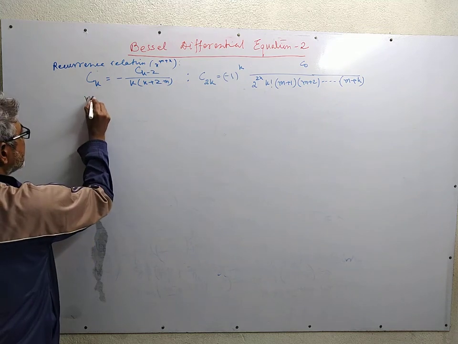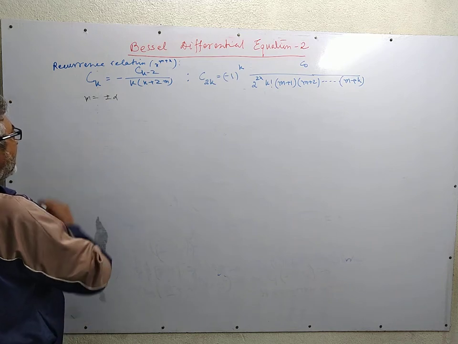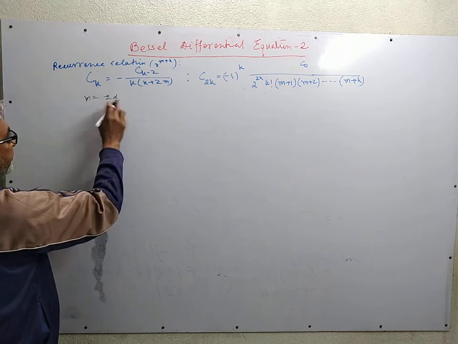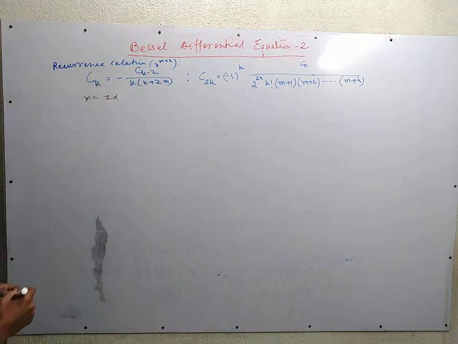is m is equal to plus minus alpha, and we found that the coefficients differ by 2 order in the power of x. So there are two series, one starts with c0 and the other with c1.